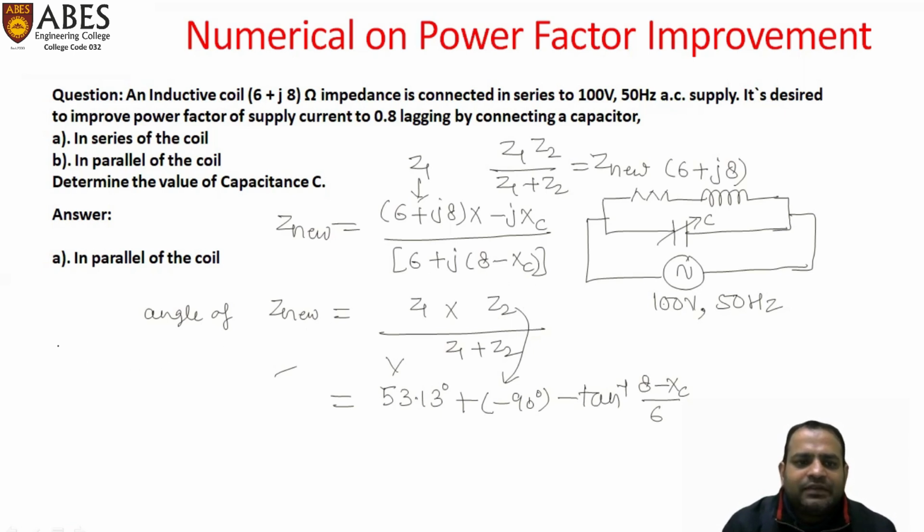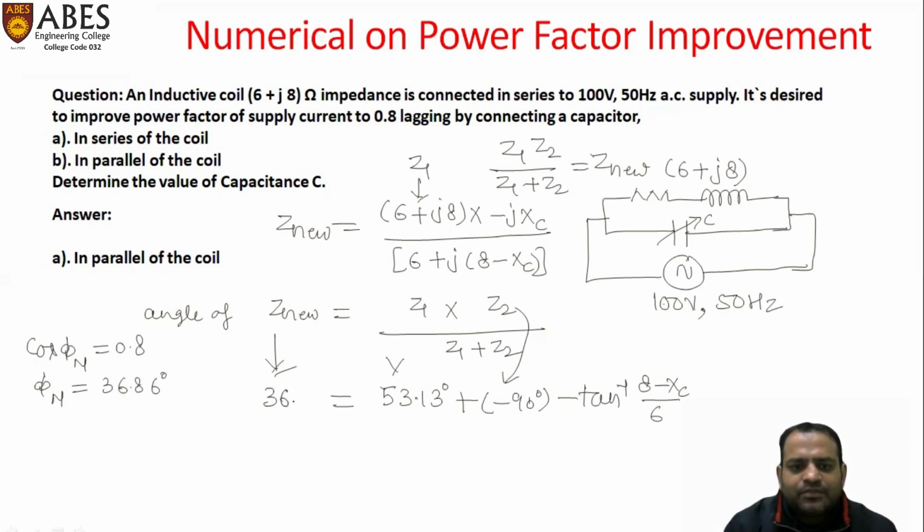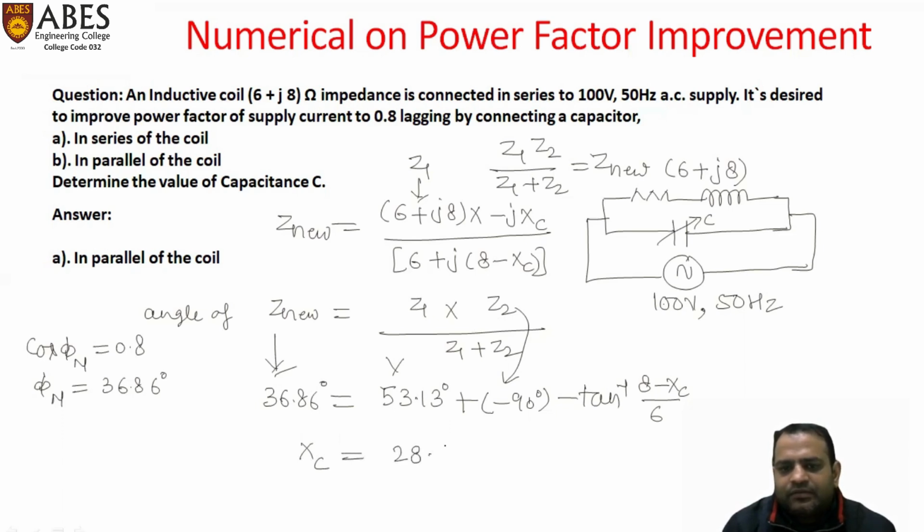Now the new angle is given: cos phi new is 0.8, so phi new would be 36.86 degrees. Putting phi new as 36.86 degrees and solving, we get the value of XC, which is 28.545 ohm after calculating this term.